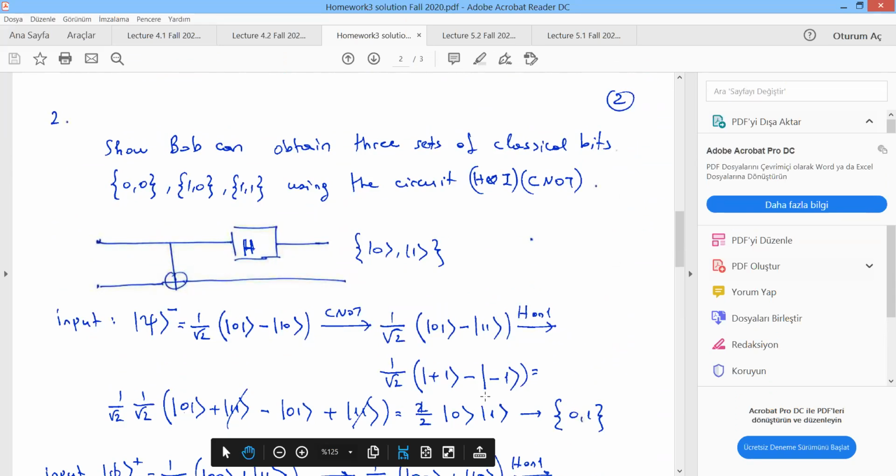The second question was: now we show that Bob can obtain 3 sets of classical bits using this circuit. This was part of our discussions on superdense coding and teleportation.